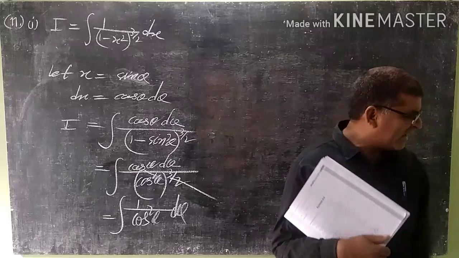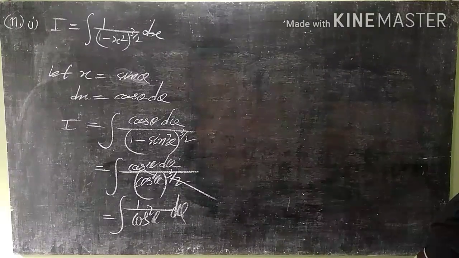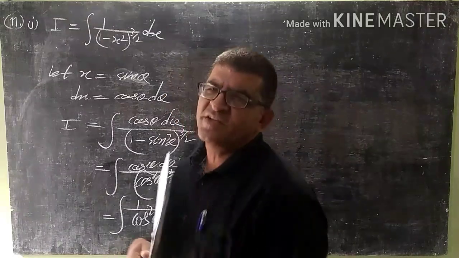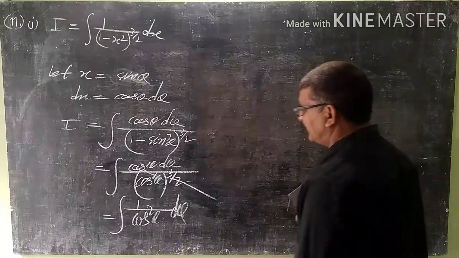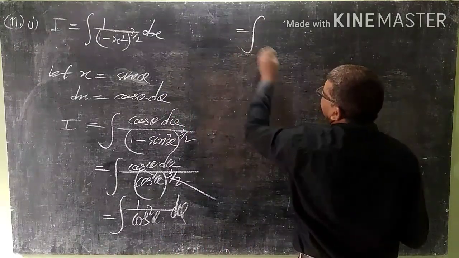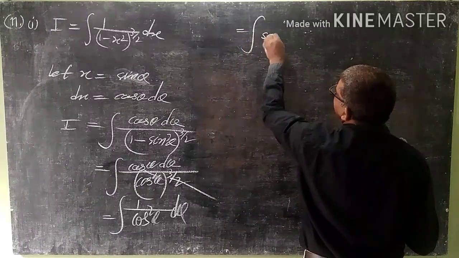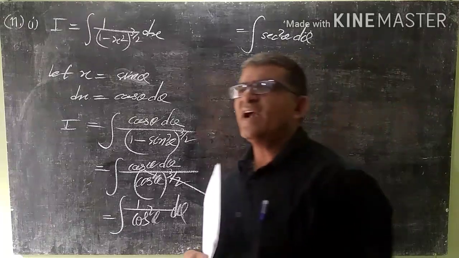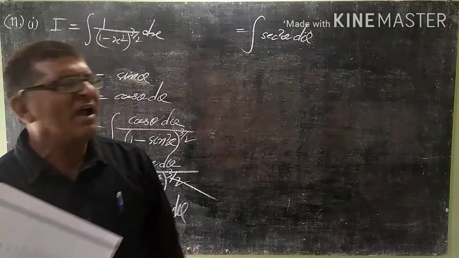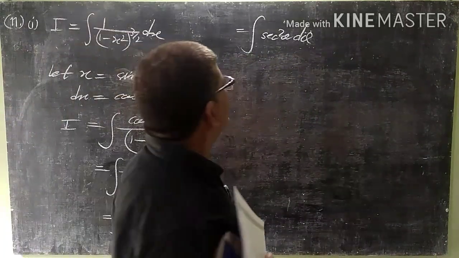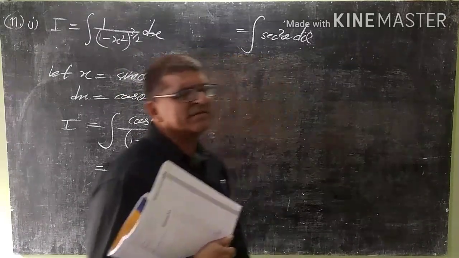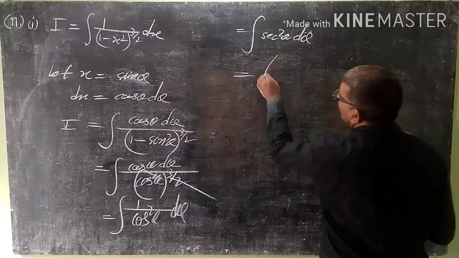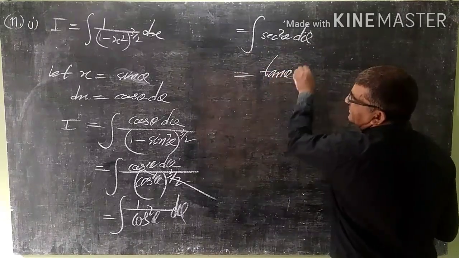You know that 1 upon cos square theta changes into sec square theta. Then we can write sec square theta d theta, and this is the standard formula: integration of sec square theta d theta equals tan theta plus c.